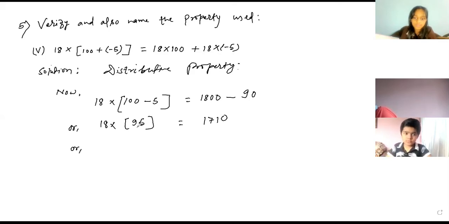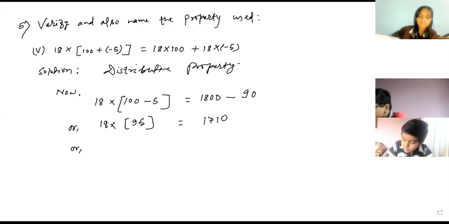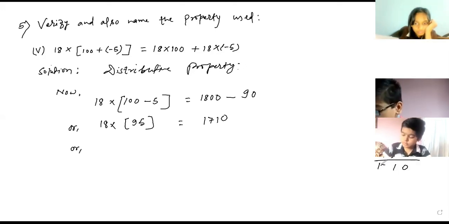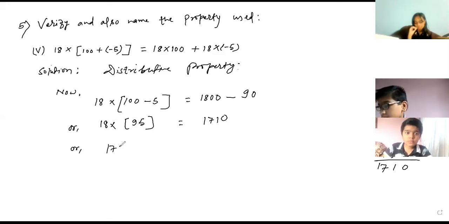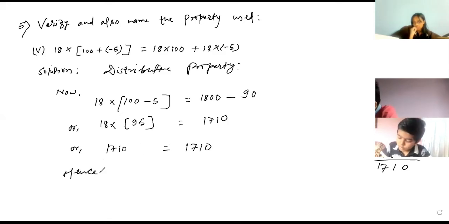Now multiply 18 into 95. Just do it here. Same, 1710. So both sides the value is the same, 1710 and 1710. So you can write hence verified.